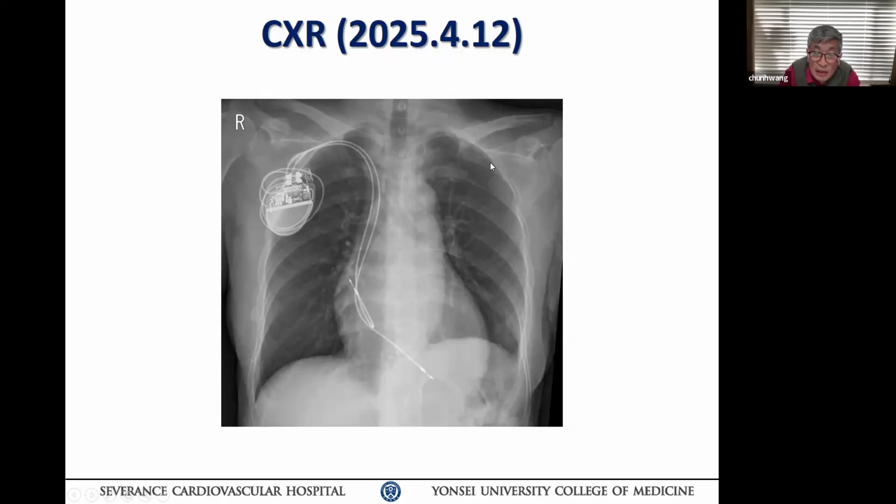Right arm placement can be challenging, but if you manipulate your stylet carefully, you can do a better job. So next time you implant a pacemaker, try to avoid the RV inflow if you can.